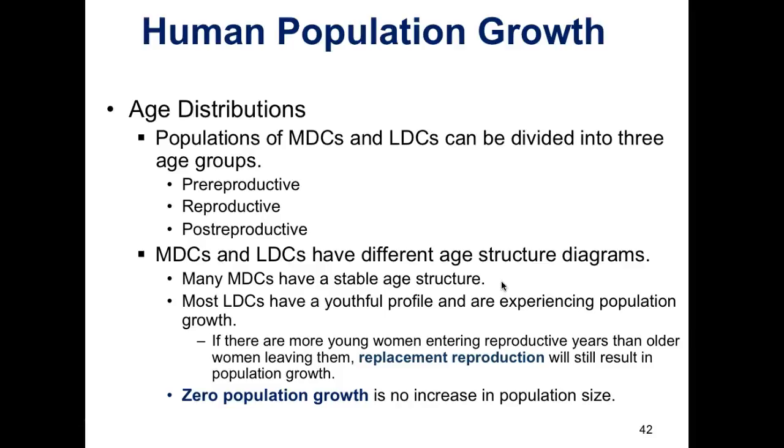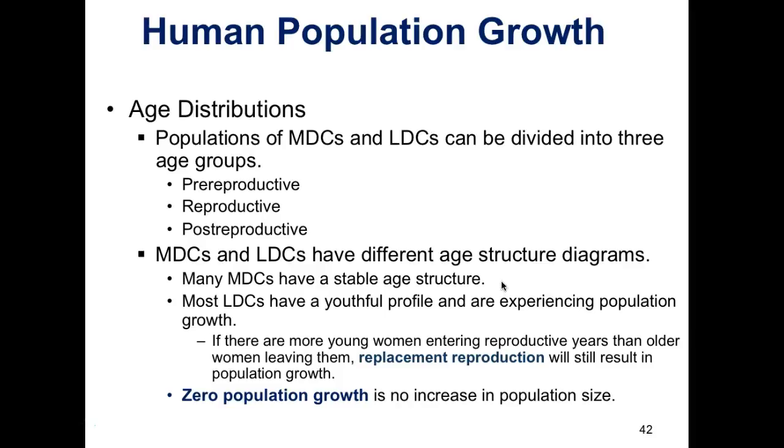Many more developed countries are going to have stable age structure diagrams, and less developed countries have a youthful profile and are experiencing population growth. If there are more young women entering reproductive years than older women leaving them, the replacement reproduction will still result in population growth. Ultimately, you're going to have zero population growth if there is no increase in population size.